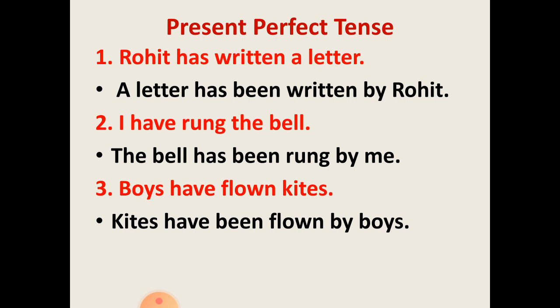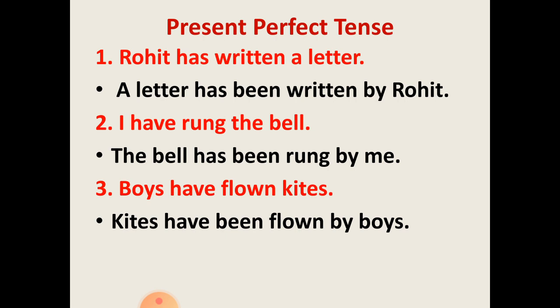Again, the bell is the subject, has been rung, preposition by, and the subject I will become the object me. The bell has been rung by me. Third sentence: boys have flown kites. The object kites will become the subject. Kites have been flown by boys.